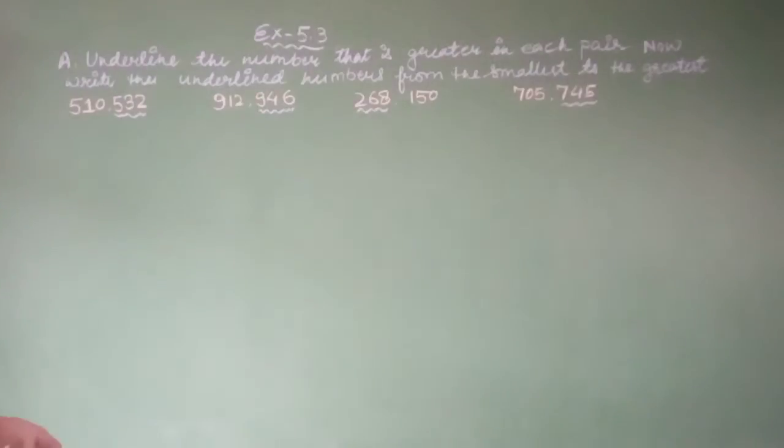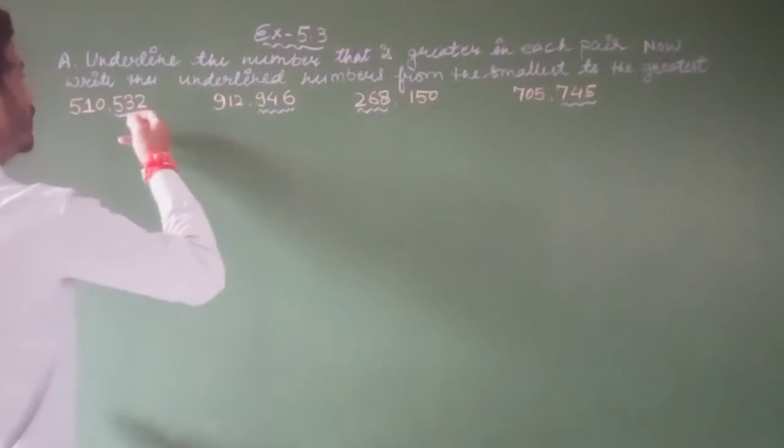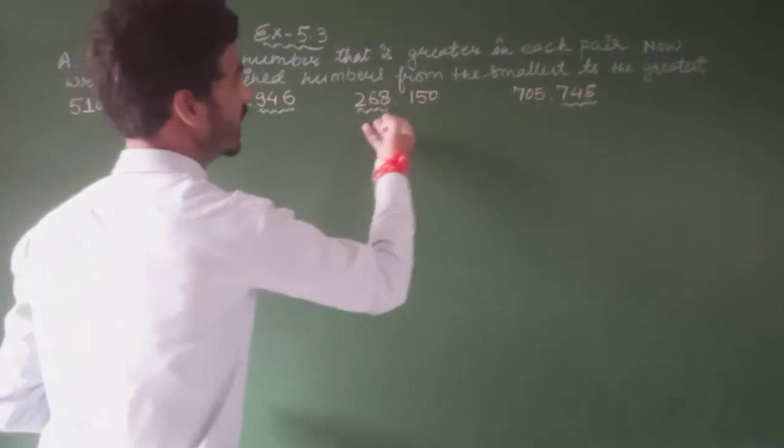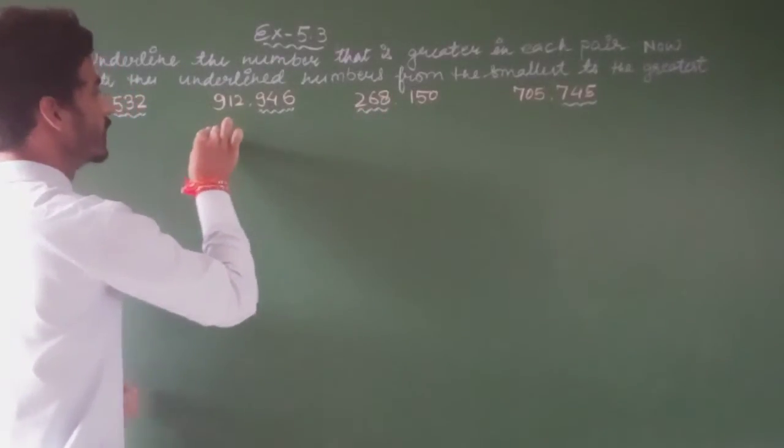Okay. Now what you have to do is write the numbers from the smallest to the greatest. So in the underlined numbers, which one is the smallest? 532, 946, 268 and 745. So 268 is the smallest.